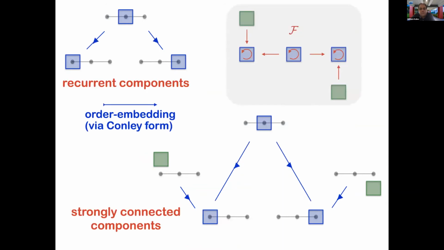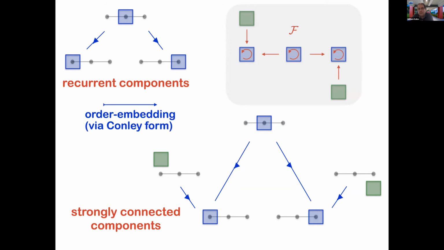And when you apply the Conway form to these things, what you end up with is exactly what, I forget who asked the question, is exactly the strongly connected components in this directed graph, right? So the green guys are their own strongly connected component, and they have no edges in them. They're just a single vertex in this graph.